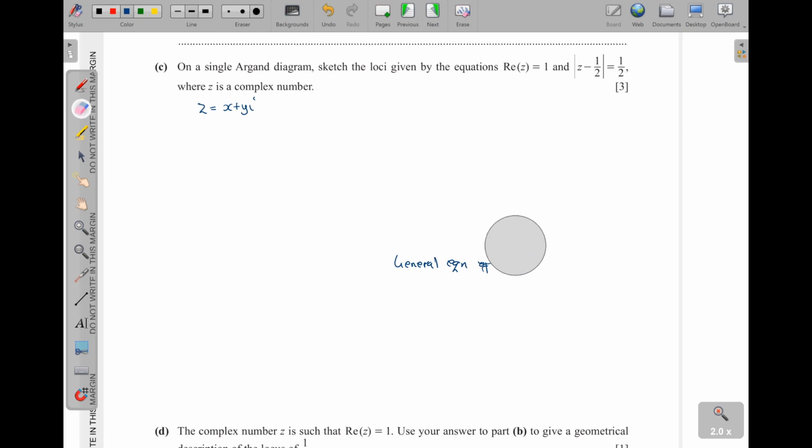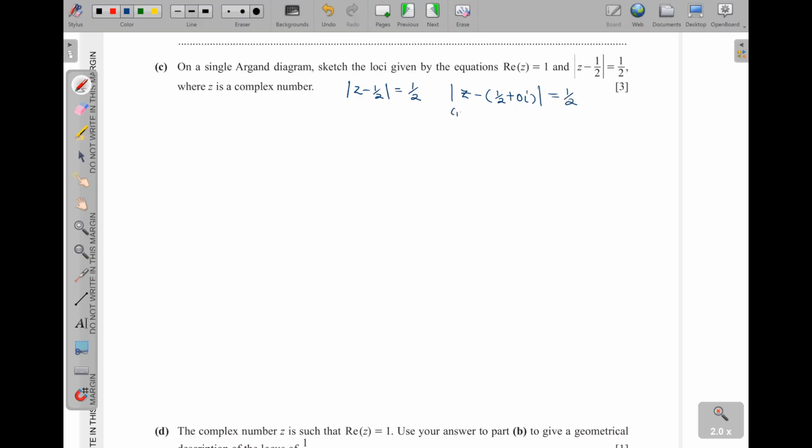Okay, so now we are going to pull off this one here, and now we shall have this one here for the modulus of z, then minus a half, which is equal to a half. This one I can write it as z minus, just like the other one, it is going to be now a half, then plus 0i. Okay, so that it doesn't change the meaning. I always say create a negative of the complex number, so which is equal to a half.